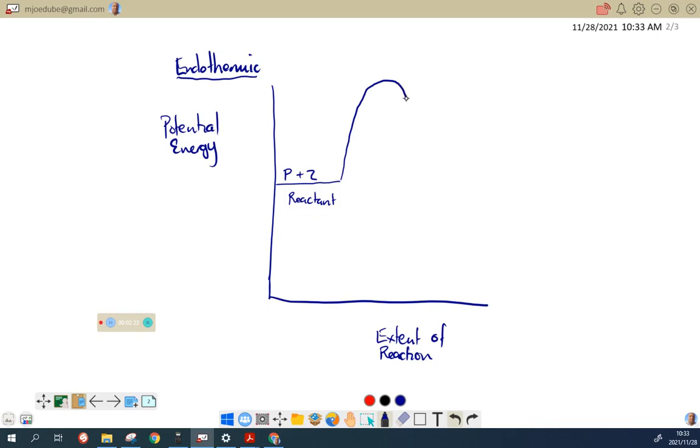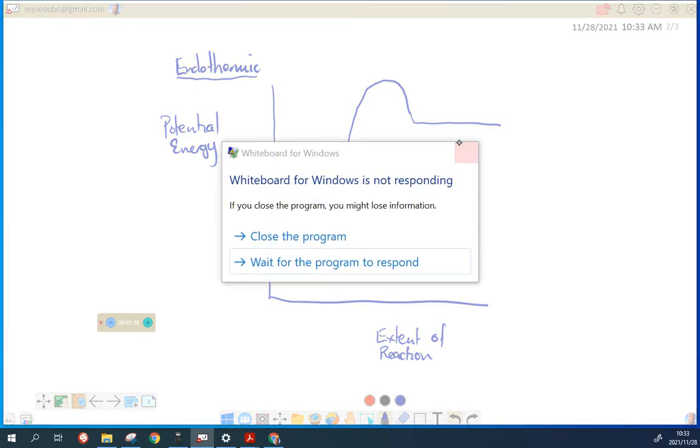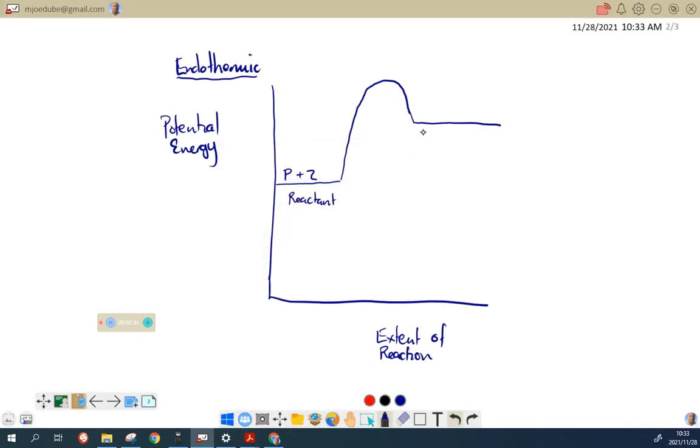All reacting substances need activation energy in order to participate or form a product in a reaction. What you're going to observe in this particular case is that the products have an energy content which is higher than the energy content of the reactants. That is important to observe.